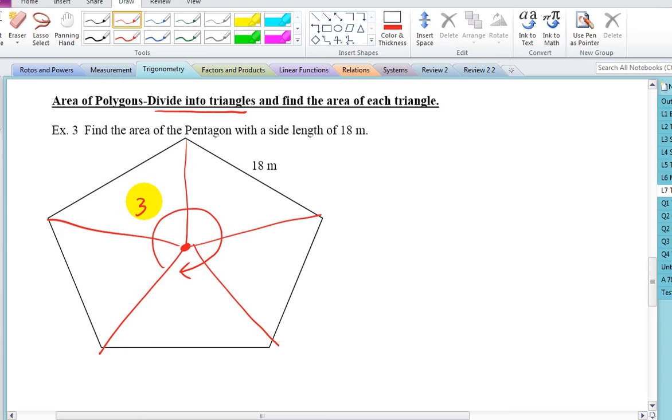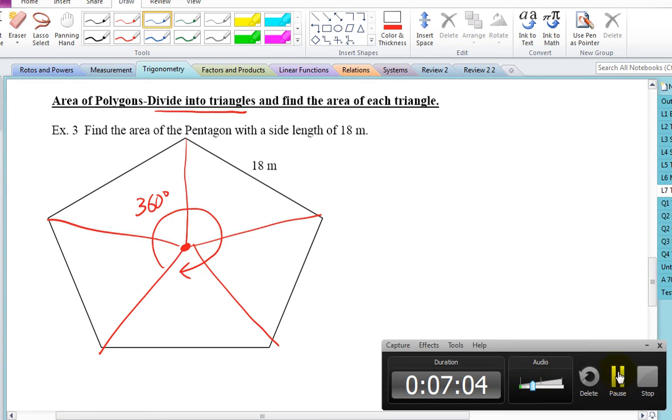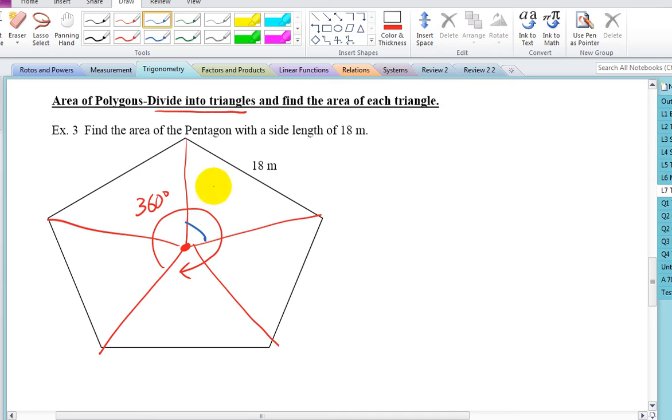We know that all the way around a circle is 360 degrees. So what is one small section? For this angle here, it'd be 360 divided by 5, since there are 5 equal pieces. I believe that's 72 degrees.